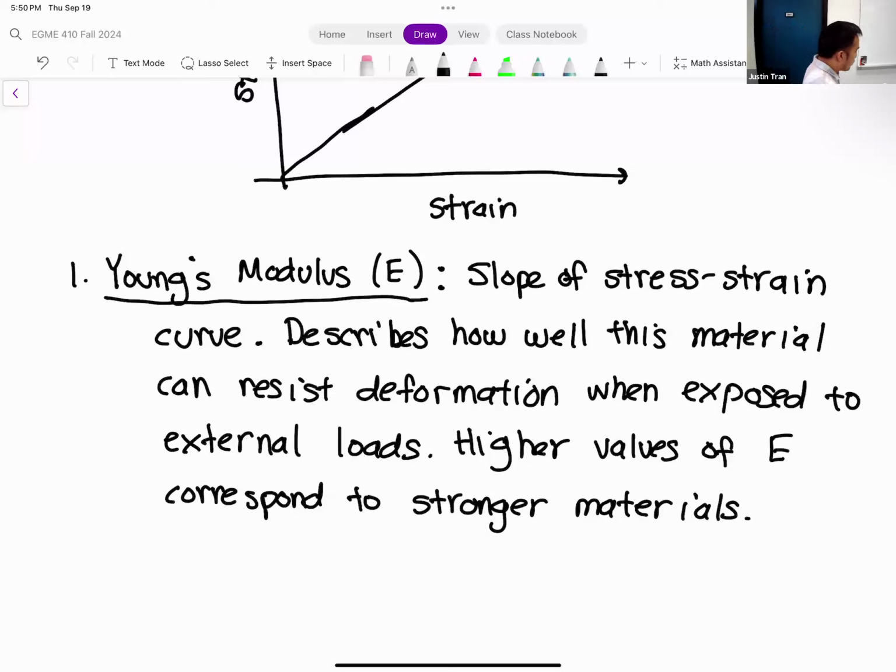So the one parameter that really encapsulates linear elasticity is the Young's modulus. And so that's usually the first thing that you look up, the first thing that you think of.